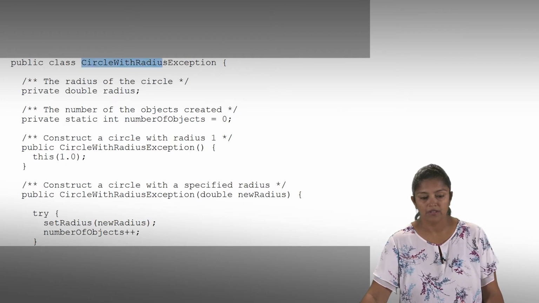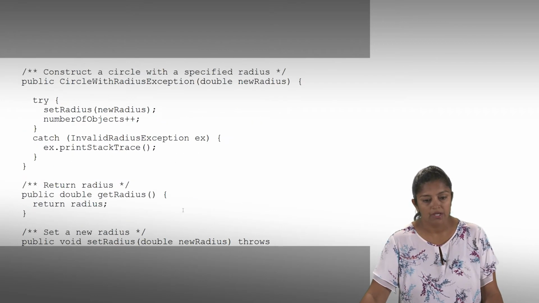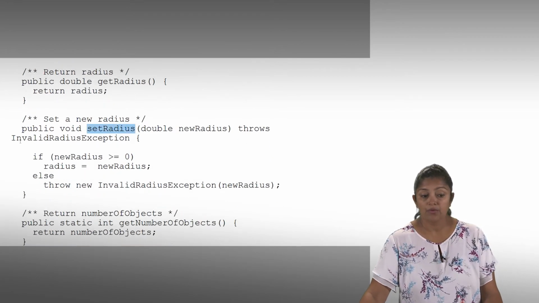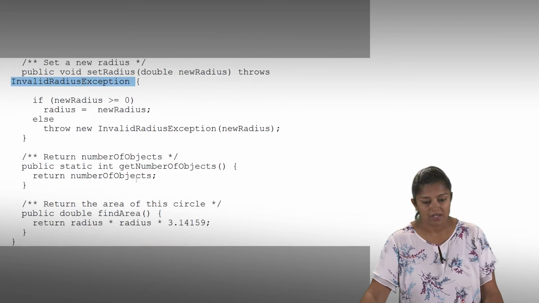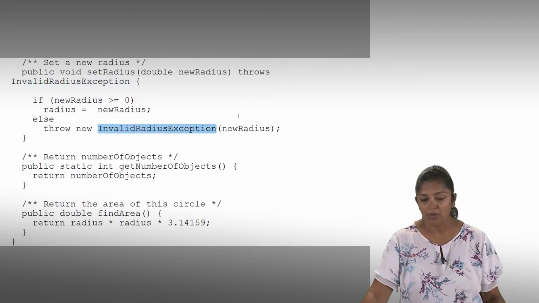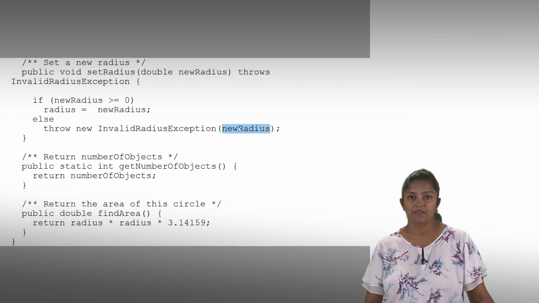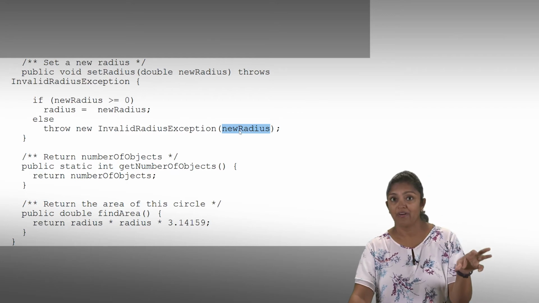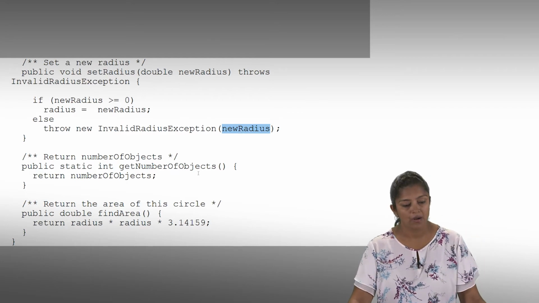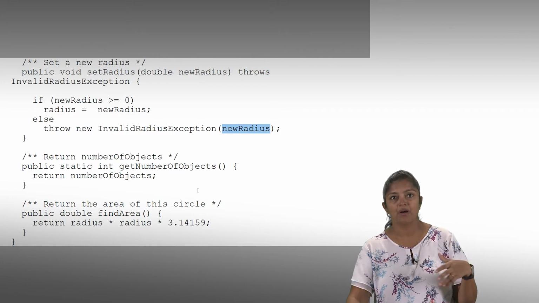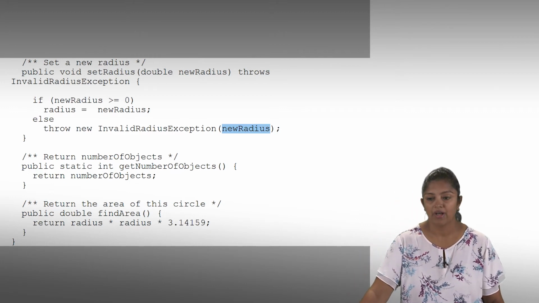We're creating a circle class, and in set radius, we're saying that it throws an invalid radius exception. That's our custom exception class. And when we create the exception object, we're passing the radius to the constructor, so that the radius value gets stored in that exception object. Then when the handling happens and the error message is printed out, it would print out the value as well.